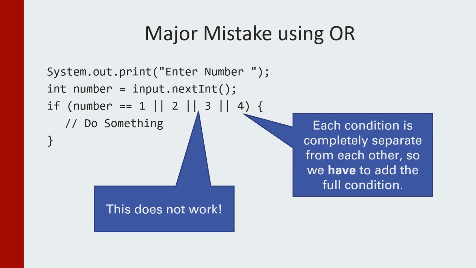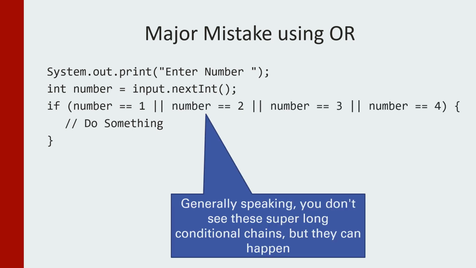This does not work because each condition is completely separate from each other. So you have to add the full condition. So you might see something instead like number equals 1 or number equals 2 or number equals 3 or number equals 4. So there might be some situations where you're going to get longer conditional chains, and you have to remember that each of those expressions needs to be evaluated on its own.